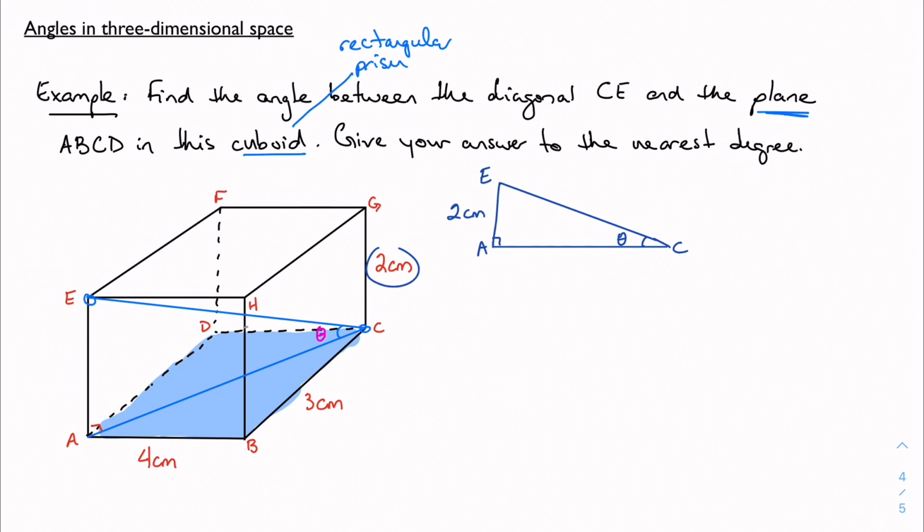All I need to do is find one other side and I can figure this out, right? And I'm looking at my given information. What's the easiest thing I can solve for? Well, if I look at AC, this also forms the hypotenuse of another triangle. AC forms the hypotenuse of triangle ABC.